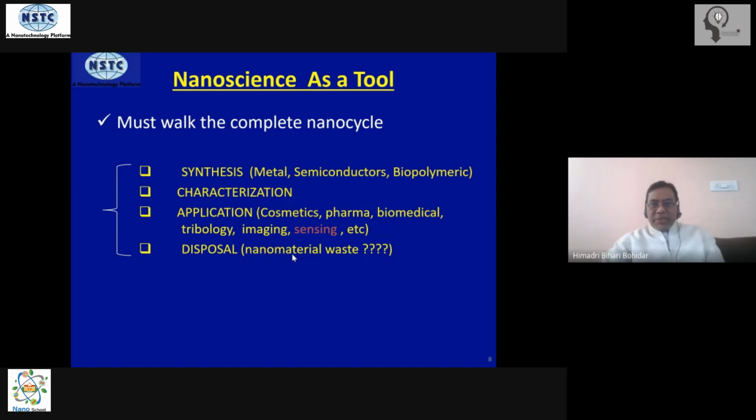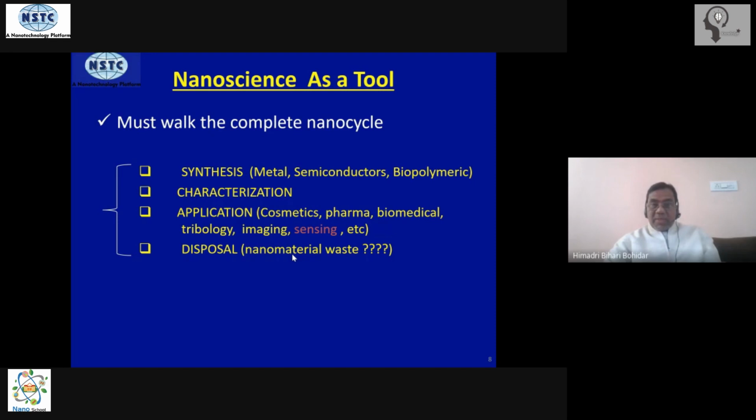Another issue related to nanoscience is the disposal of nanomaterials. This is a big question mark even today, because not much attention is being given to the disposal of nanomaterials, because once you use it, where to throw it, how to dispose of it. The challenge is, if we start becoming indiscriminate users of nanomaterials in future, we should not create an environmental condition where there will be toxicity everywhere, because many nanomaterials can be potentially toxic.